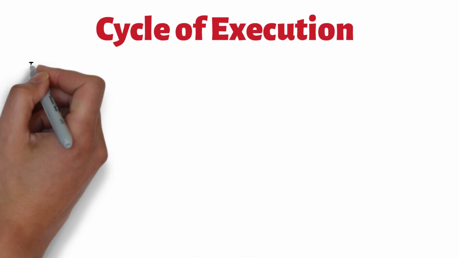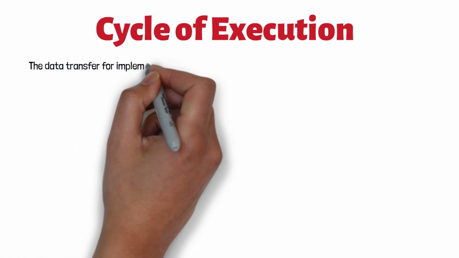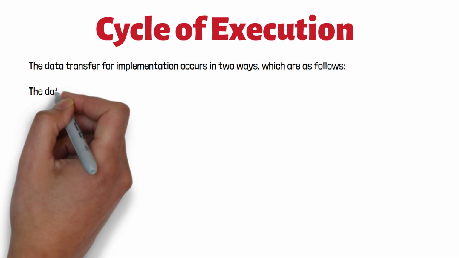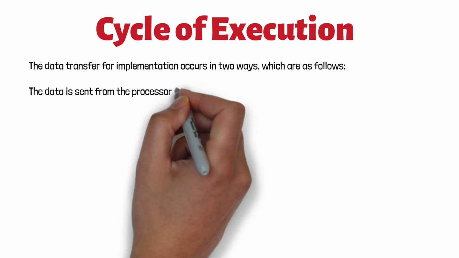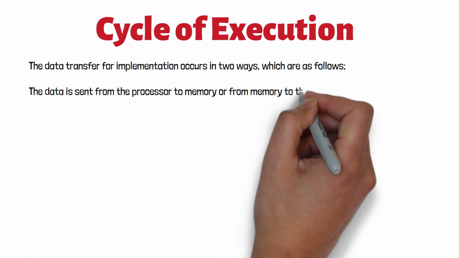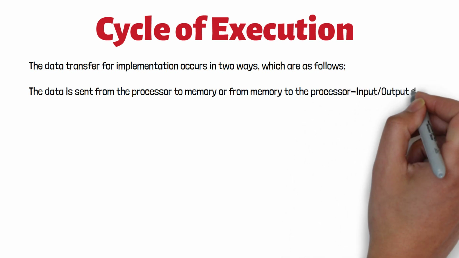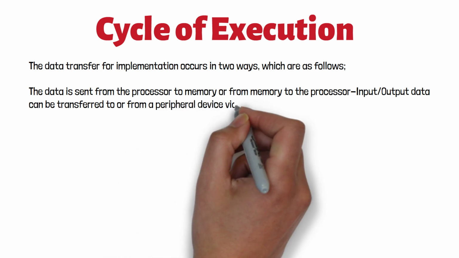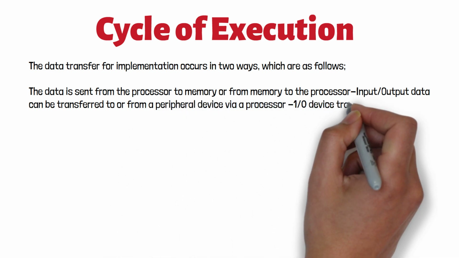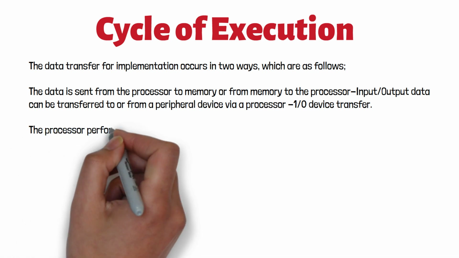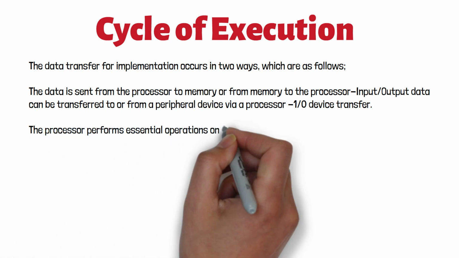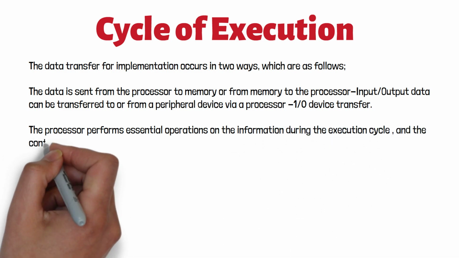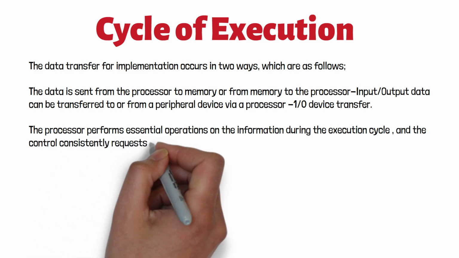Cycle of execution. The data transfer from implementation occurs in two ways, which are as follows. The data is sent from the processor to memory or from memory to the processor. The processor input-output data can be transferred to or from a device. Vice versa, a processor output and input device transfer. The processor performs initial operations on the information during the execution cycle, and the control consistently requests a change in the data implementation sequence.